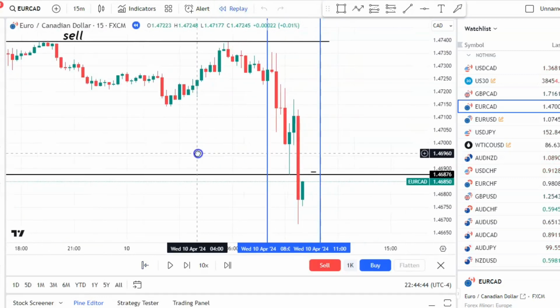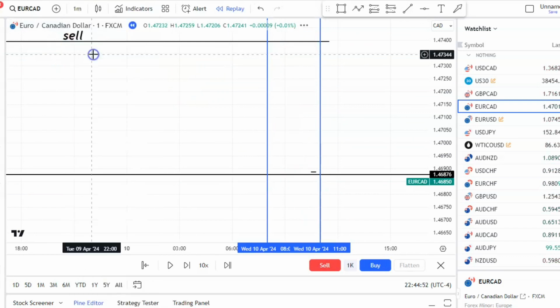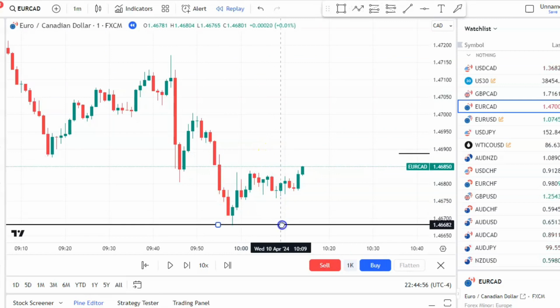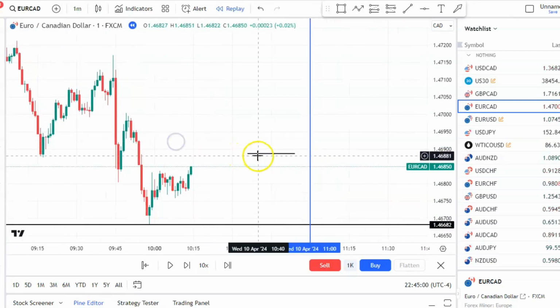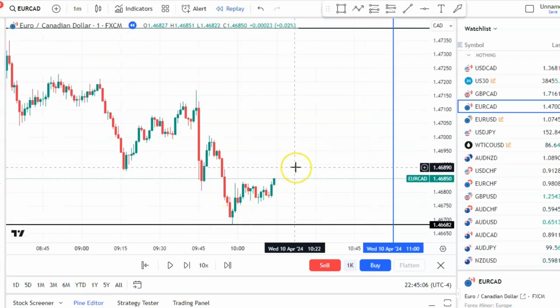So even when you reach here, you can get in here and target this area. But we take it a step further. We go to the 1 minute time frame, and we know now we are buying. We have this reversal. If we are buying, we want to buy when we have sellers in the market, because if we buy when other people are buying, we will buy at an expensive price.